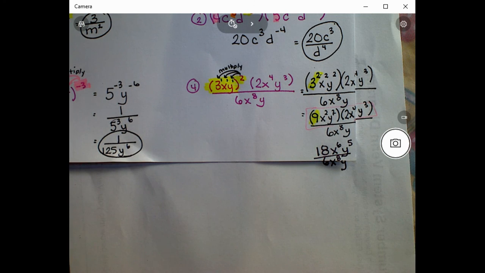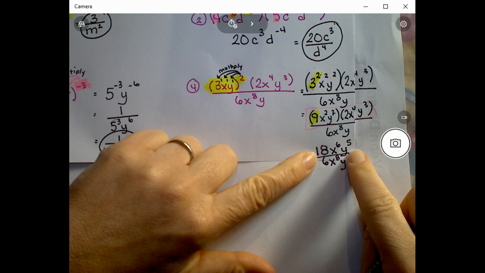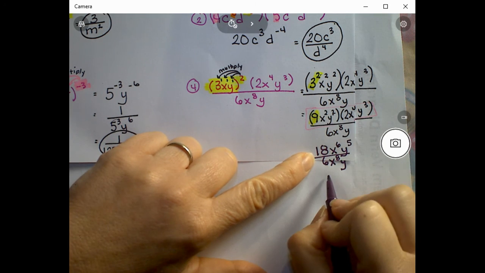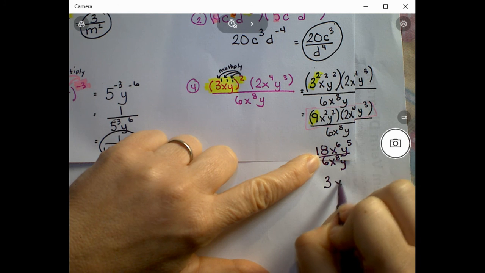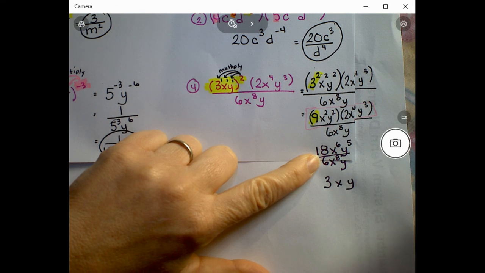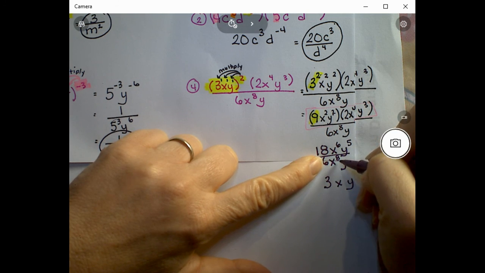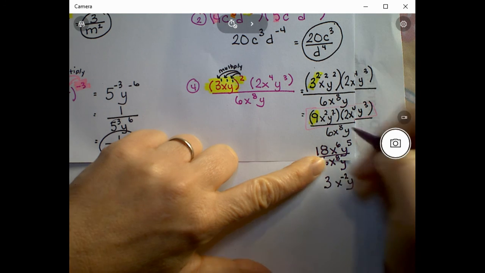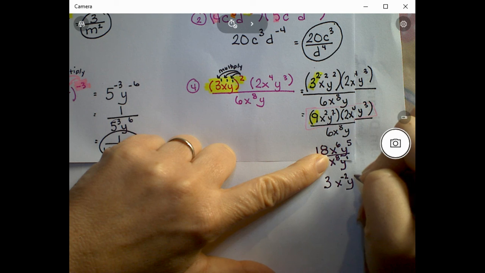Now we're down to a division problem, so we're going to follow the rules of division, which are divide the coefficients. 18 divided by 6 is 3. We'll have some x's and some y's. 6 minus 8 is negative 2. 5 minus 1 is 4.